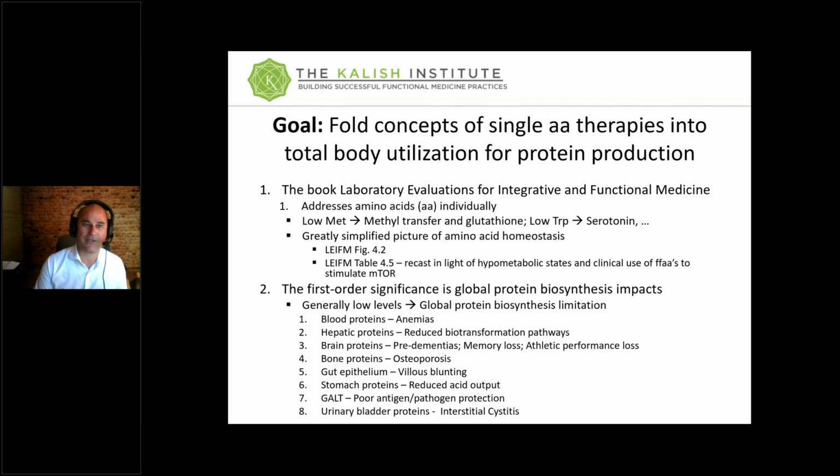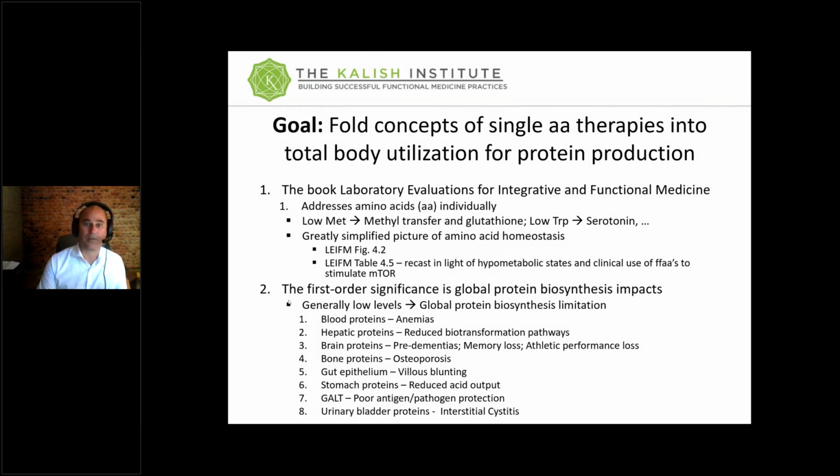So again, as I just mentioned, amino acids are required for making blood proteins, so they could be related to anemias; hepatic or liver proteins, so they're going to be directly related to detox capacity; brain proteins, anything from athletic performance to memory; bone proteins, who would have thought, osteoporosis; gut proteins, the gut lining and villus blunting, leaky gut damage; stomach proteins, reduced stomach acid output, all the GERD reflux type symptoms; antigen antibody protection; even the bladder, right? Everything all throughout your body needs protein.